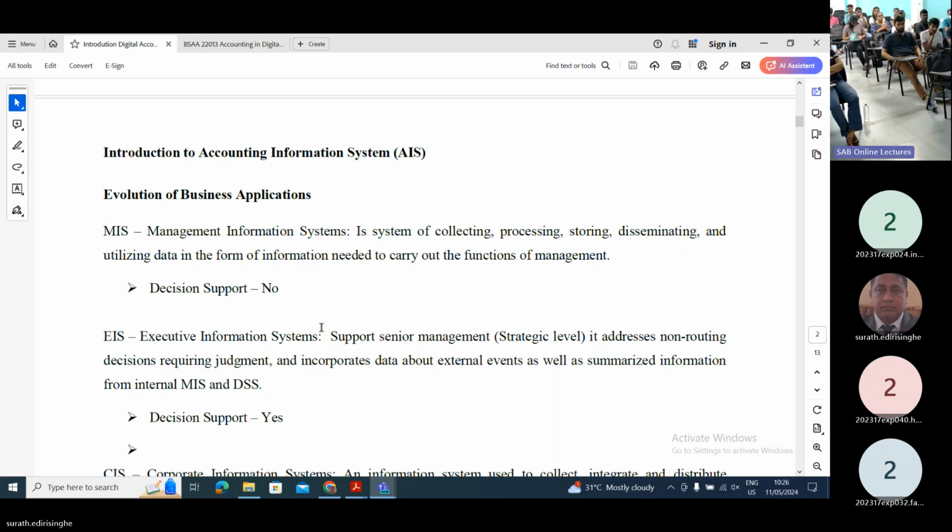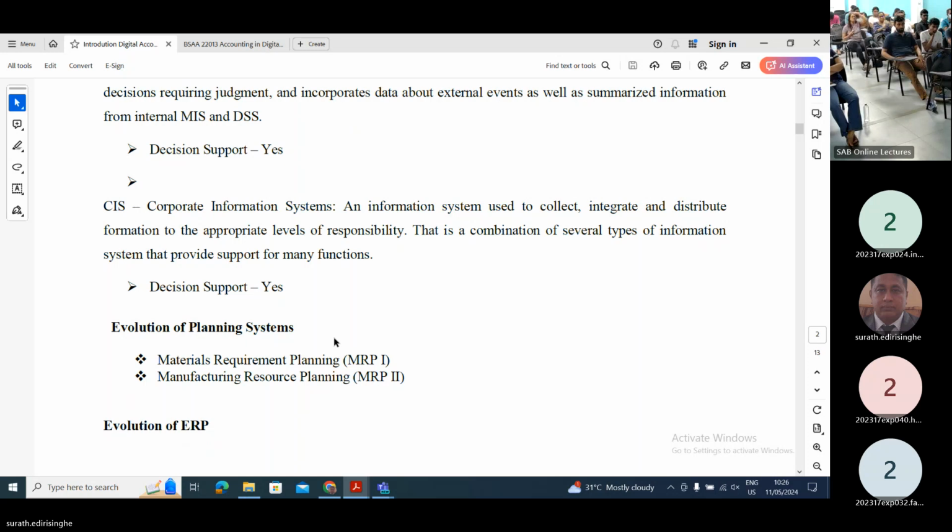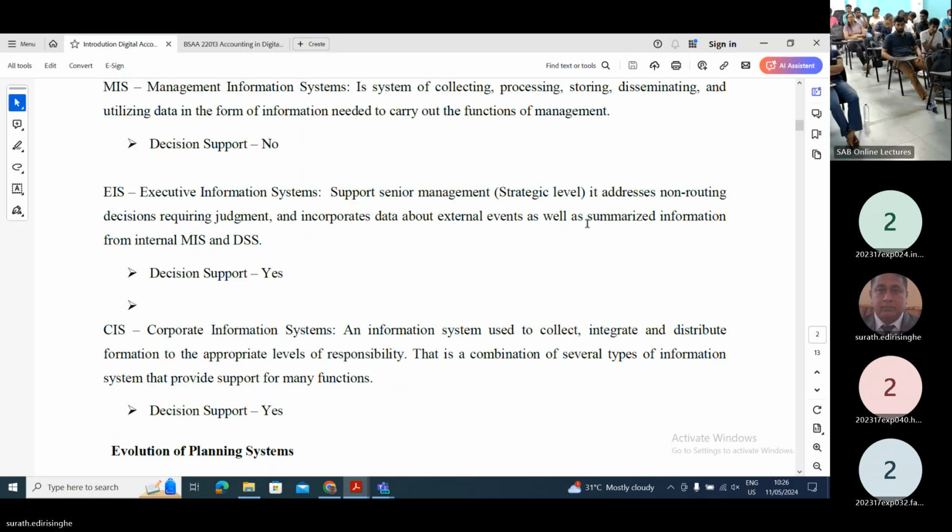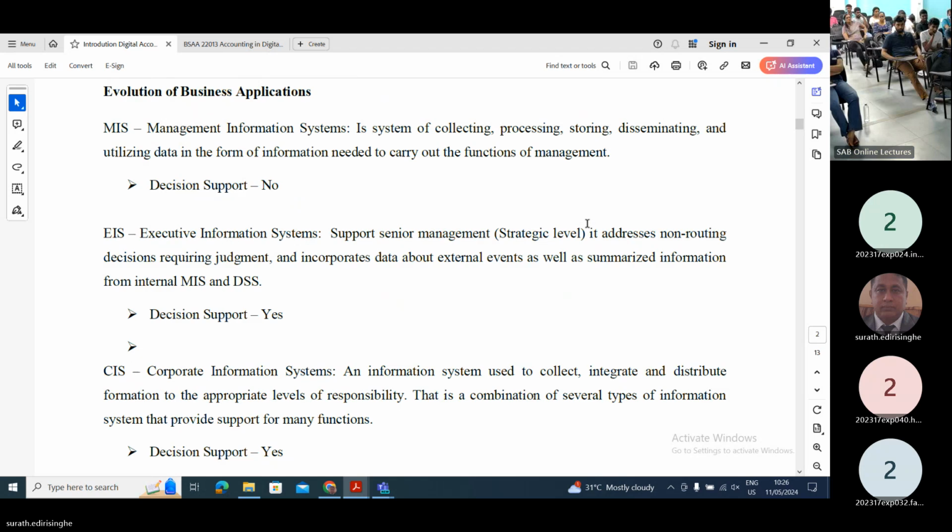The second one, the executive information system. The executive information system is mostly used by top level, strategic level people.